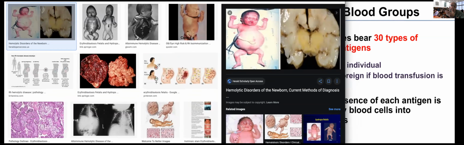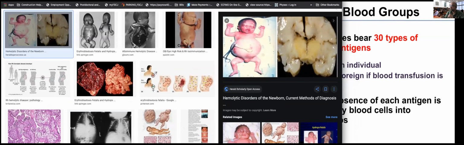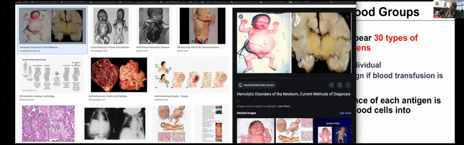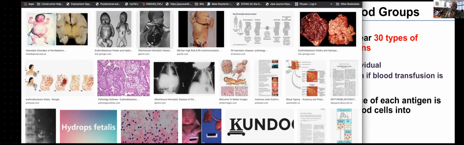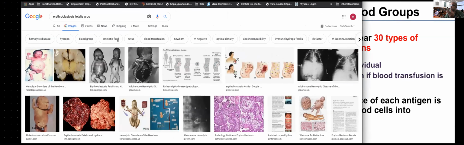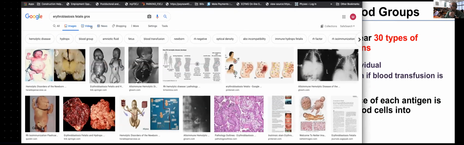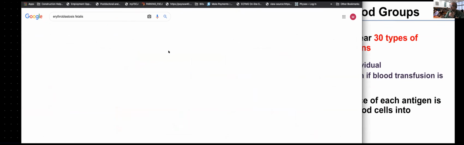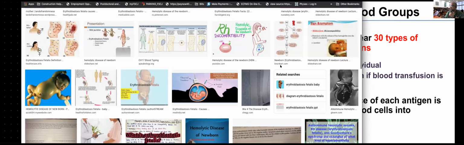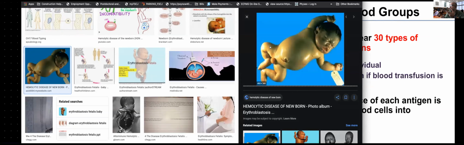The baby will have edema, swelling, and yellowish discoloration of the skin due to the high bilirubin formation. See, yellowish discoloration of the skin, edema and swelling of the whole body due to the inflammatory response. Most of the cases are going to be a stillbirth.